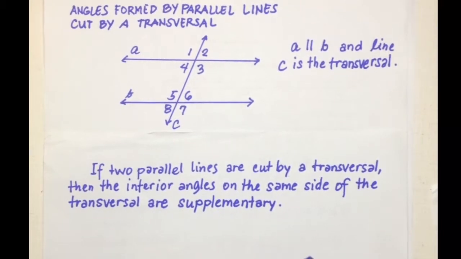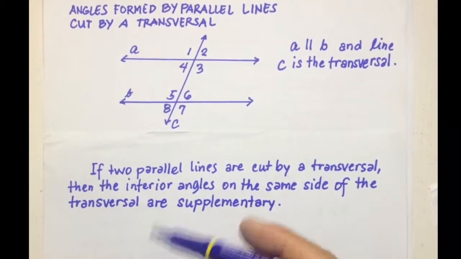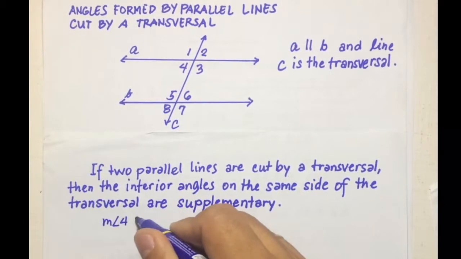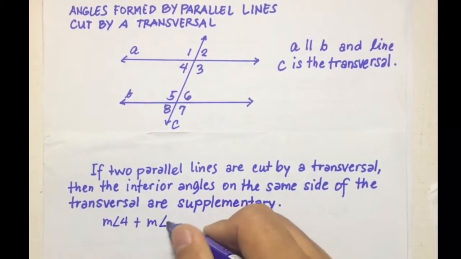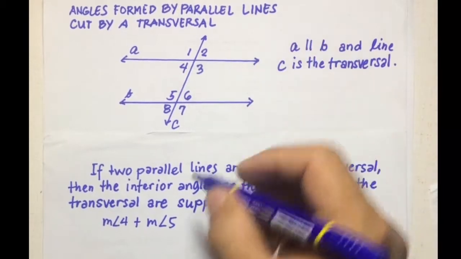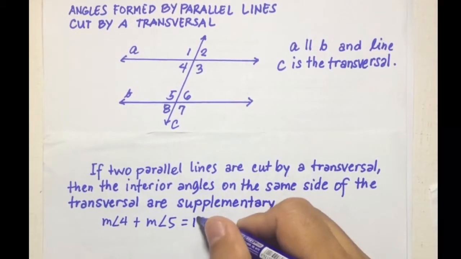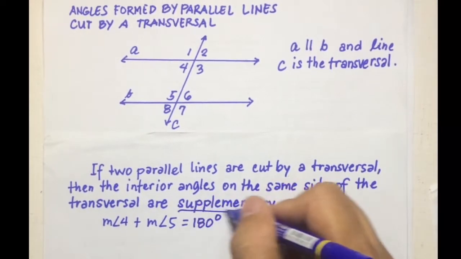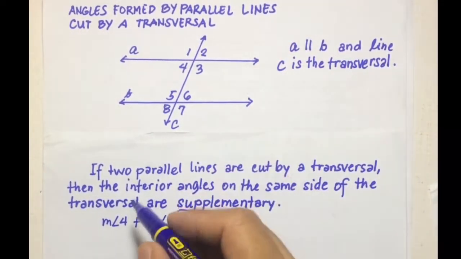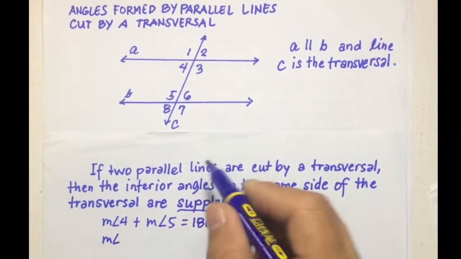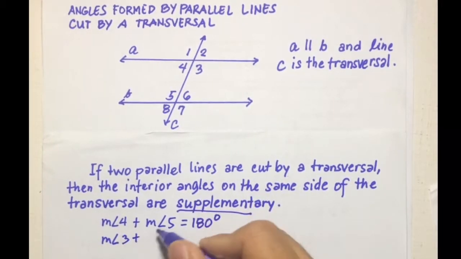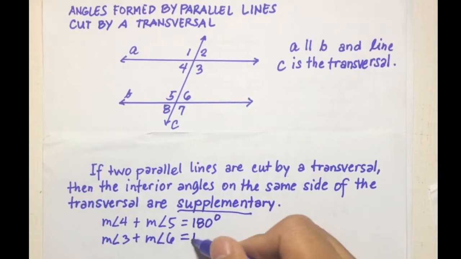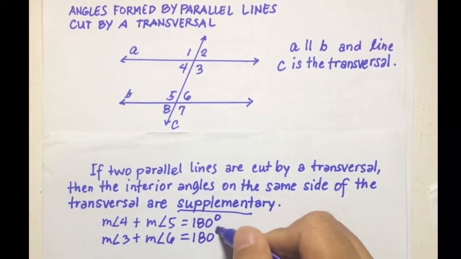The measure of angle 4 plus the measure of angle 5 will be equal to 180 degrees because they are supplementary. And the measure of angle 3 plus the measure of angle 6 is also equal to 180 degrees.